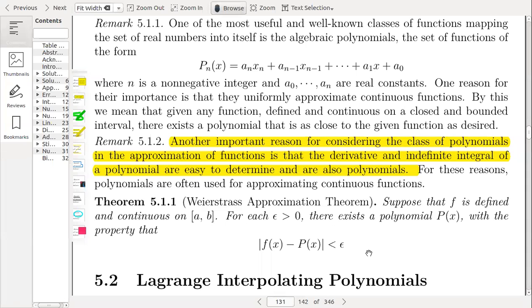So what does it mean? It means that there is a very small difference between the function and the polynomial constructed to manipulate the data.